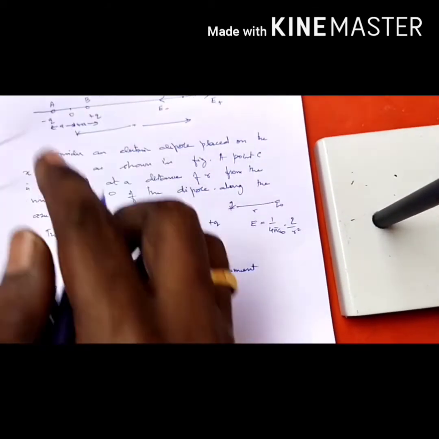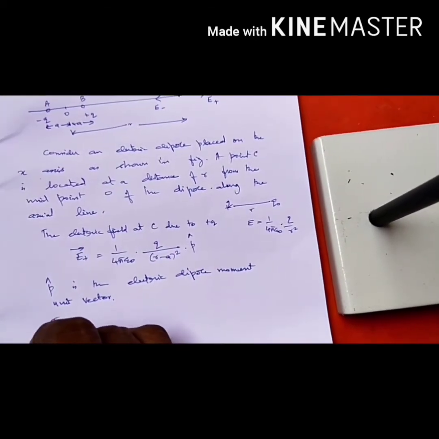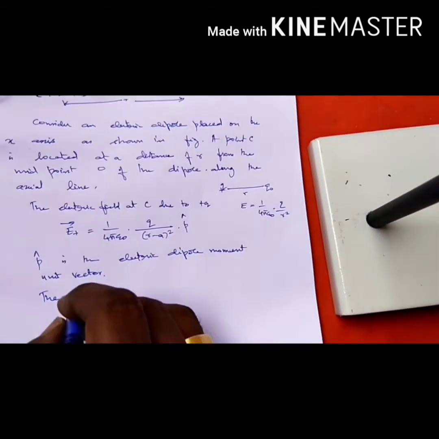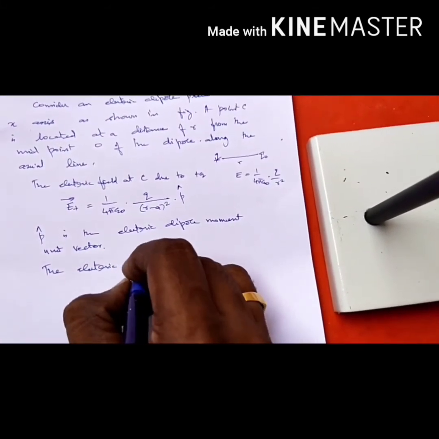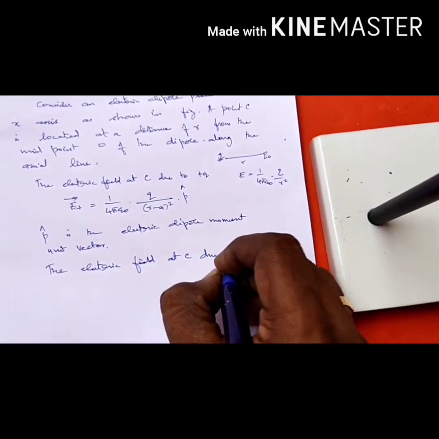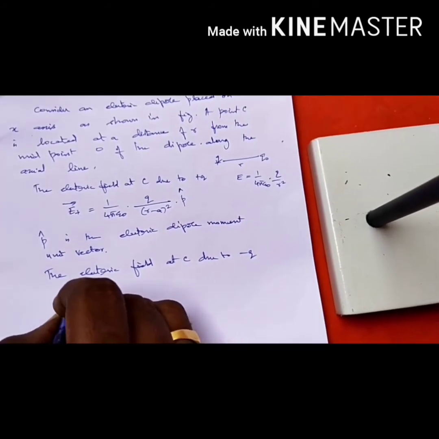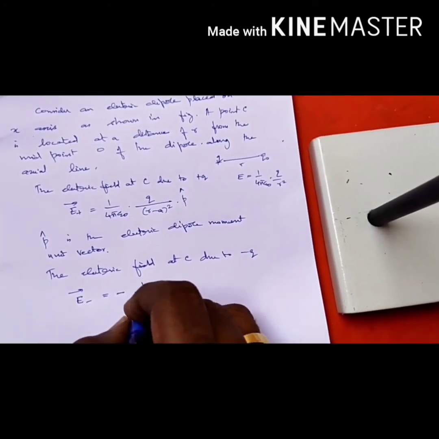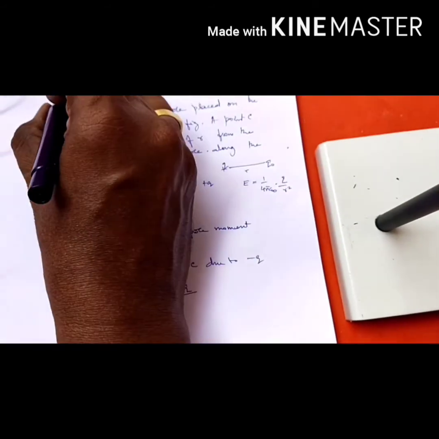Now similarly we can write the equation for electric field due to the charge minus Q. The electric field at C due to minus Q, that is E minus vector is equal to minus 1 by 4 pi epsilon naught Q divided by, what's the distance?